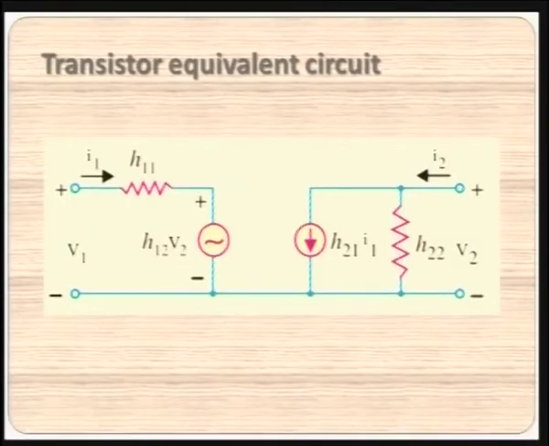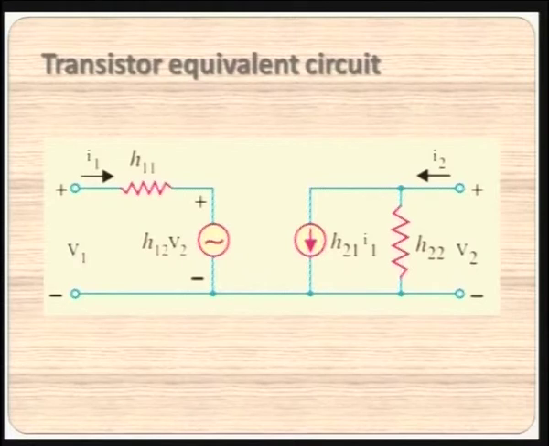That's why it's called hybrid parameter. In hybrid, the current and voltage are intermixed so that we get the advantage of drawing a transistor as a very simple equivalent circuit. Hereafter, for all the circuits that we analyze, a transistor will be dealt as a current source and a voltage source, as we have just seen.